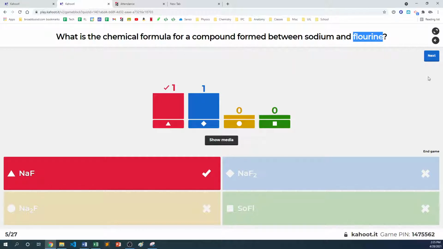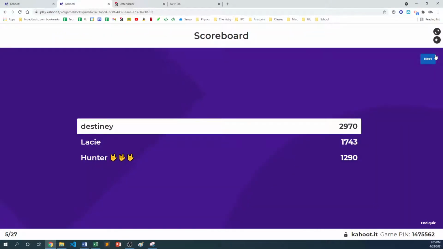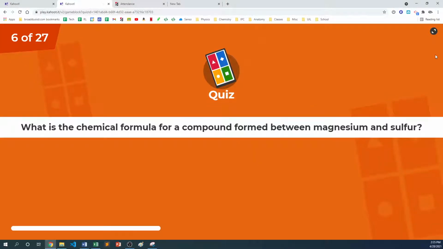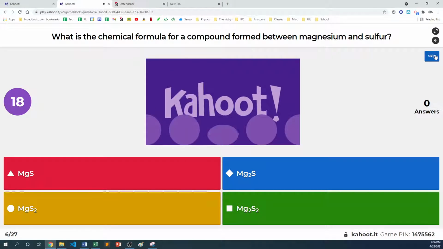Y'all ready? So magnesium and sulfur. Should really just be able to look at it.